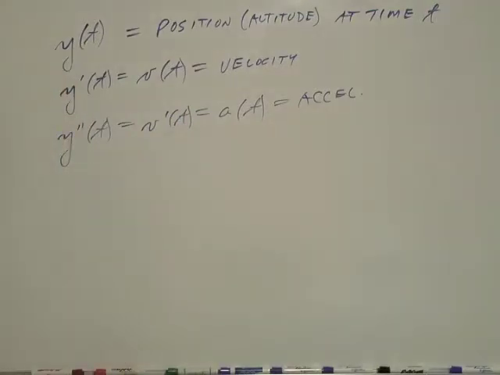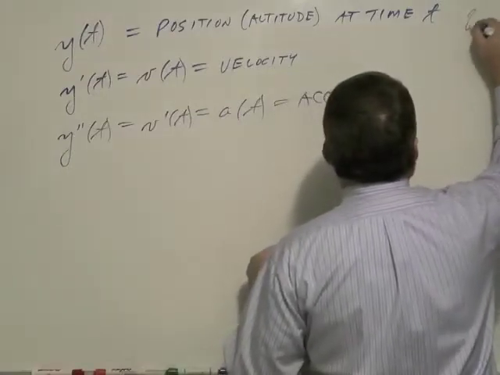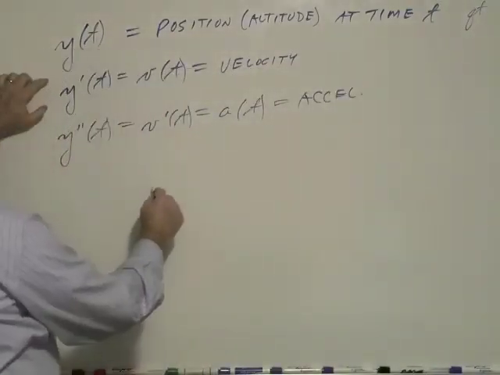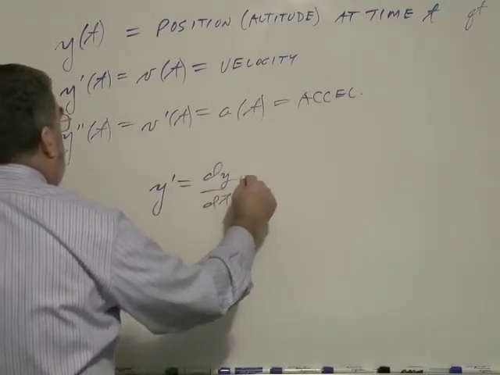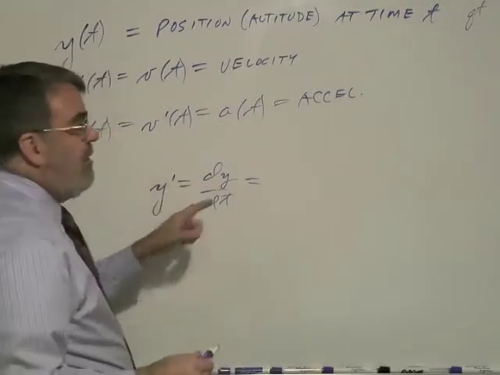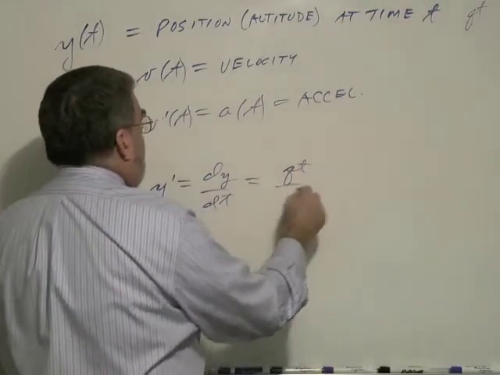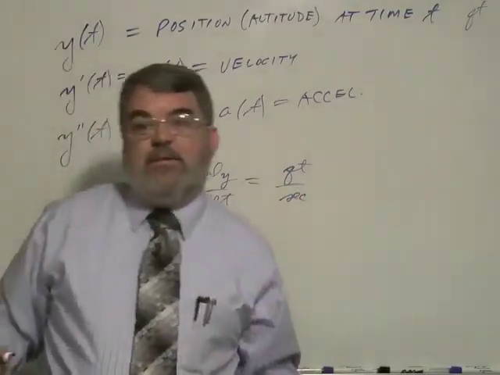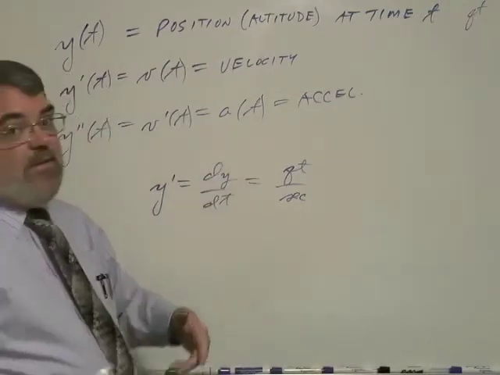If we're working in terms of the English units, then we would start off with feet. Let's look at that again. y prime is dy/dt. The units of position are, in this case, feet, and the units of time are seconds. Feet per second. Distance over time is velocity. If we want to go with the metric system, then it would be meters per second.